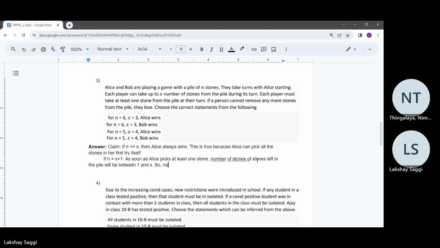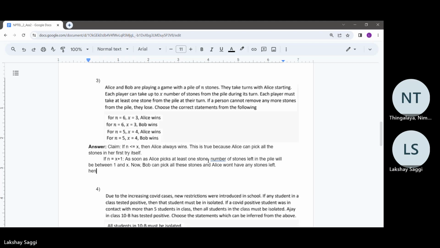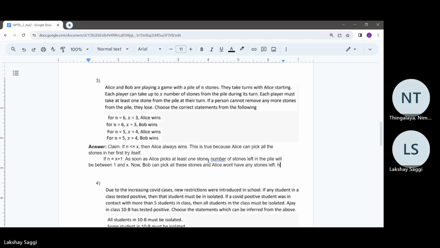So now Bob can pick all these stones, and Alice won't have any stones left. Hence, Bob wins here.